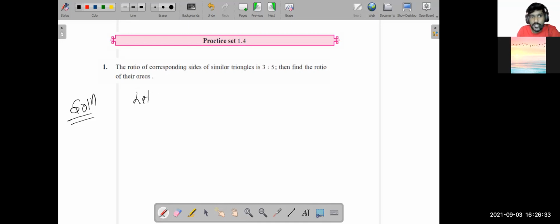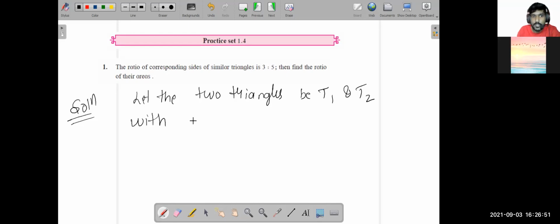We'll say let the two triangles be T1 and T2, with corresponding sides S1 and S2, where the triangles are similar.